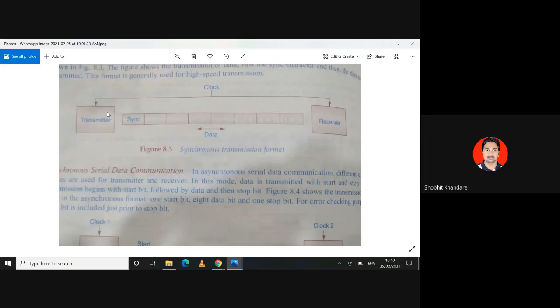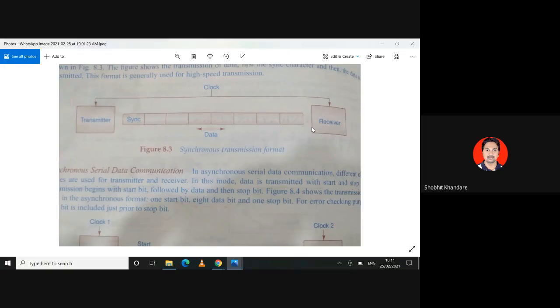Whatever operations are done, they are done with reference to the clock. Here the clock is given, and it does not mean that the same clock wire is drawn here and there; it means the clock frequency given at the transmitter is also given at the receiver. Why so? To achieve the synchronization, so that the transmitting speed and the receiving speed match. That is the intention.